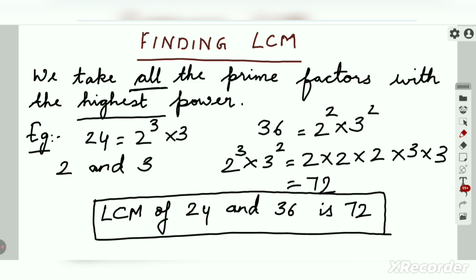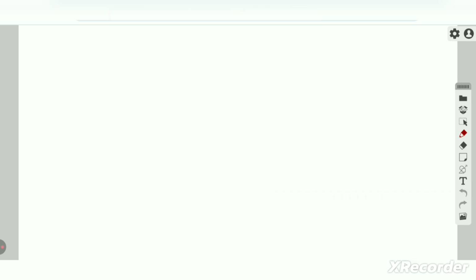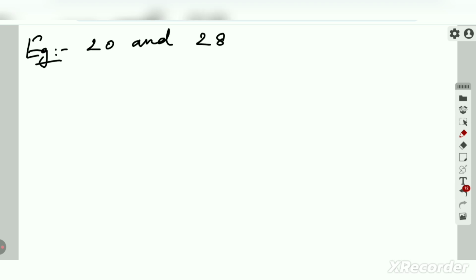Now let us take another example where not all factors are common. Let us take such an example. Let me take for example 20 and 28. So let's first do the prime factorization for 20. 2 tens are 20, 2 fives are 10, 5 ones are 5.